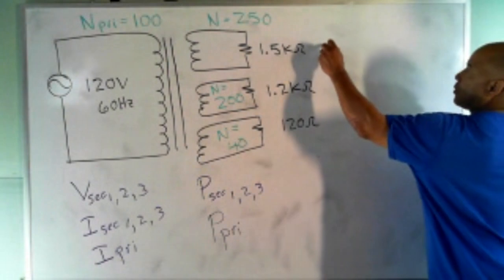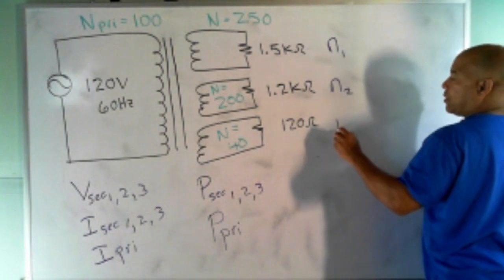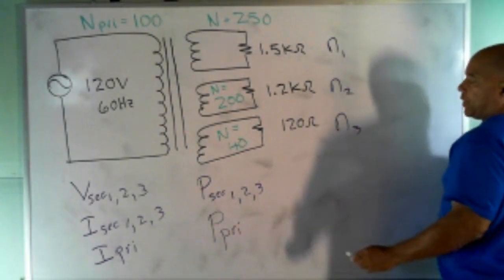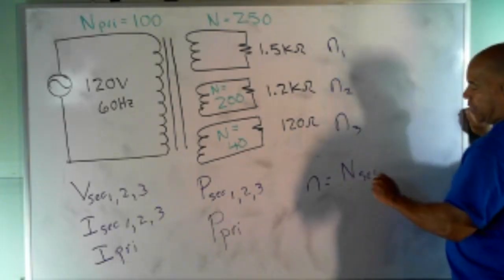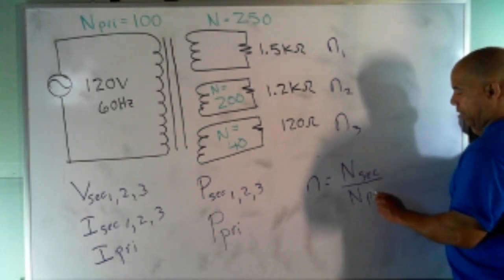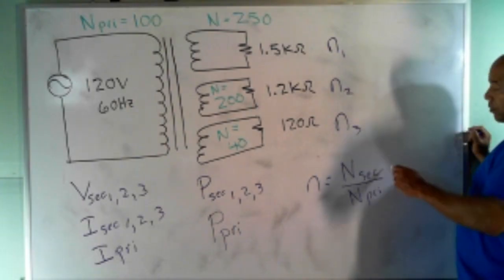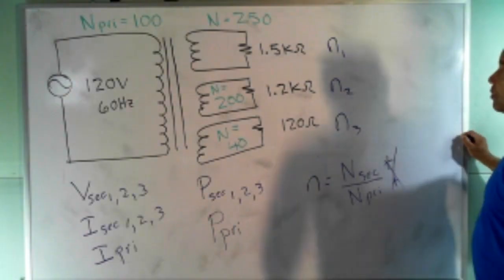We'll call this turns ratio 1, turns ratio 2, turns ratio 3. Remember, the turns ratio in general is the number of turns on the secondary divided by the number of turns on the primary. And since we got turns here and turns there, the turns ratio doesn't have any units.